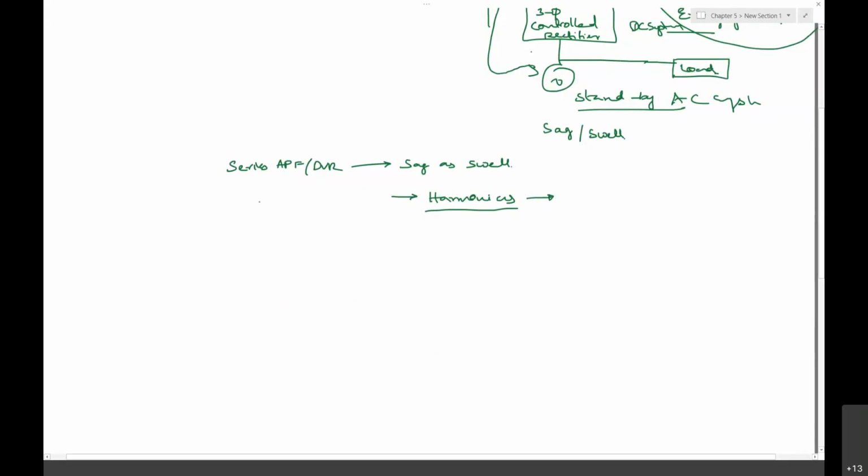The series active power filter is involved with respect to the real power as well as the reactive power.